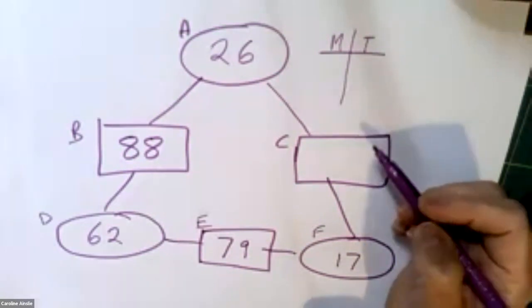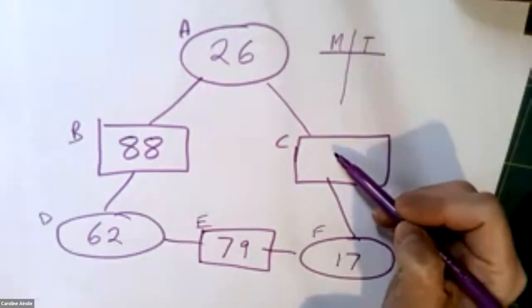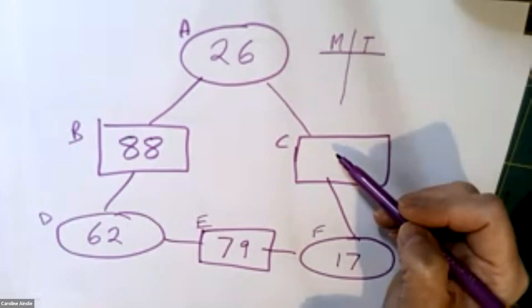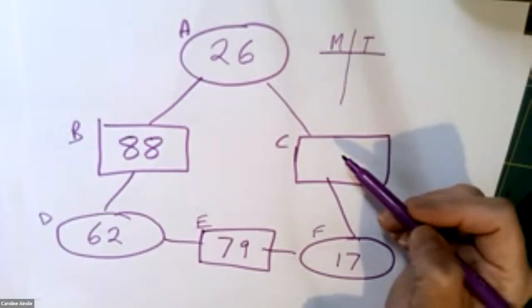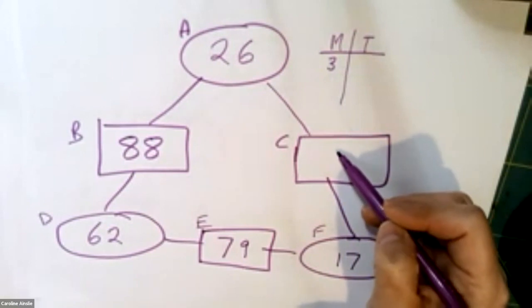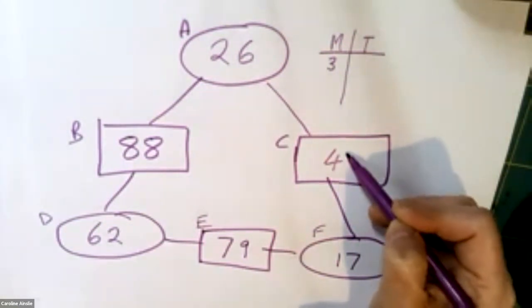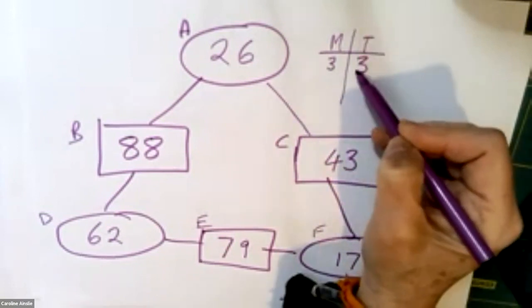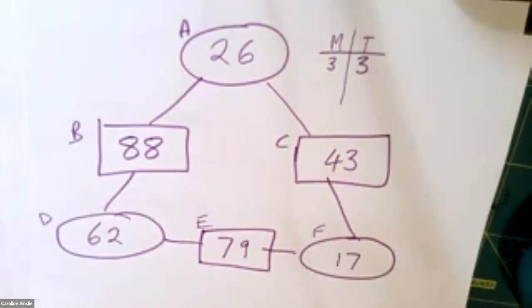I don't see any problem there. That's going to work because I can now put 43 in box C. Yeah, it works for me.